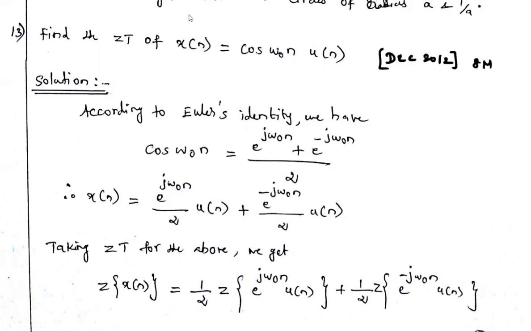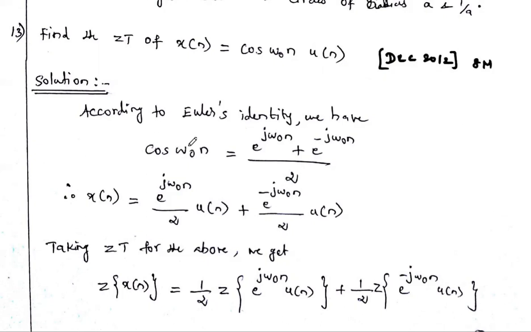Okay, so how to solve this cos omega naught n u of n problem? We use Euler's identity. The cos theta we can express in terms of e power: cos theta equal to e power j theta plus e power minus j theta divided by 2.